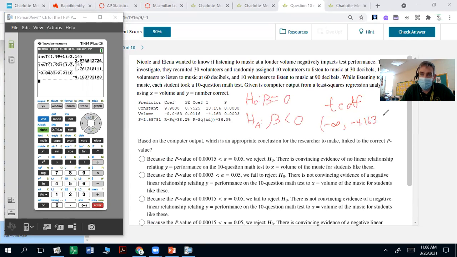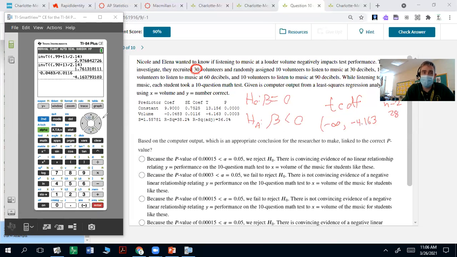And then your degrees of freedom, since it took 30 volunteers, the degrees of freedom should be n minus 2, so it should be 28.